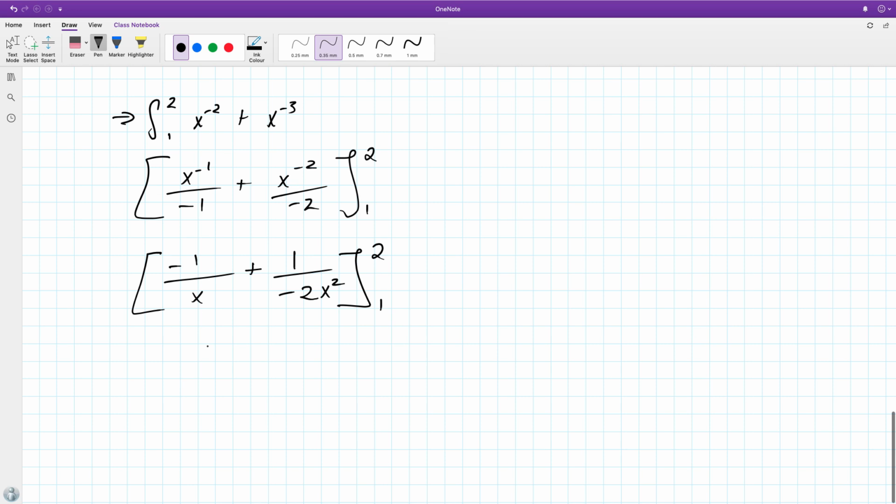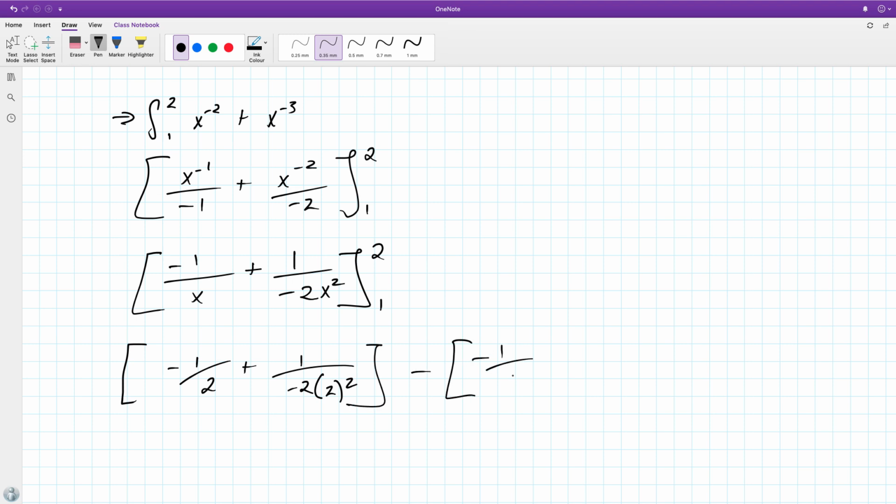So, subbing in your values then. Minus 1 over 2 plus 1 over minus 2 times 2 squared, minus, 1 over 1 plus 1 over minus 2 times 1 squared. Straight into your calculator.